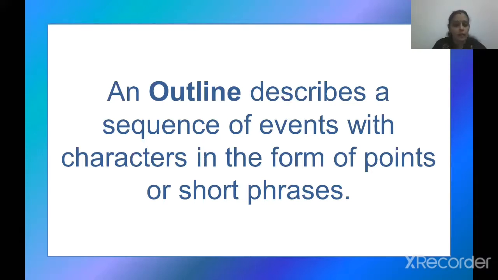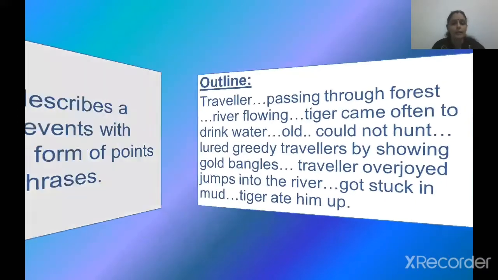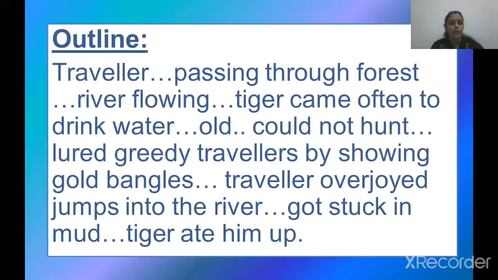So let's have a look at what an outline looks like. We have an outline here. Traveler, passing through forest, river flowing, tiger came often to drink water, old, could not hunt, lured greedy travelers by showing gold bangles, traveler overjoyed, jumps into the river, got stuck in mud, tiger ate him up.